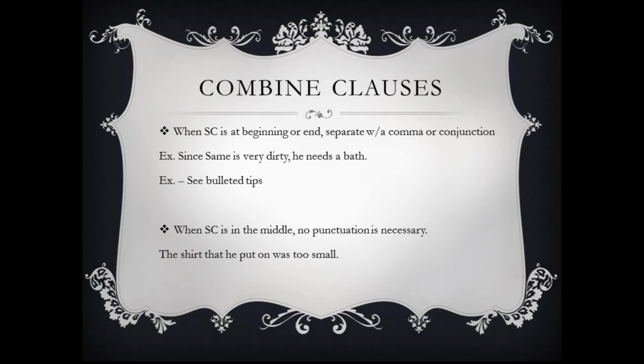That sounds pretty normal, but if you actually look closely, we have a subordinate clause hidden in the middle of this sentence. So if you take out the middle words and just look at the beginning and the end, the shirt was too small. That is your independent clause. Looking in the middle, that he put on is your subordinate clause. So in this situation, you don't need any punctuation.